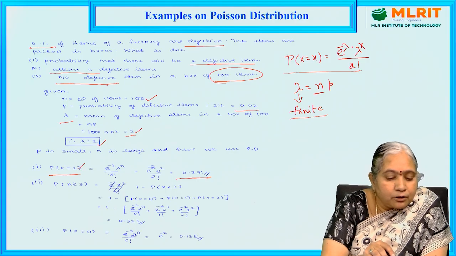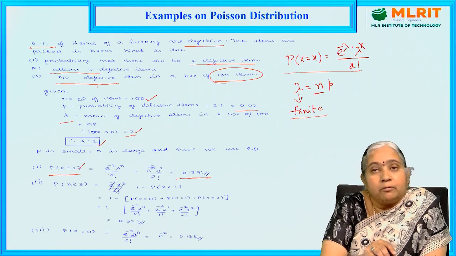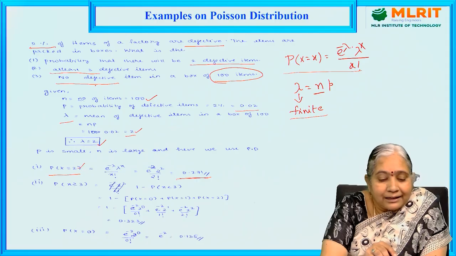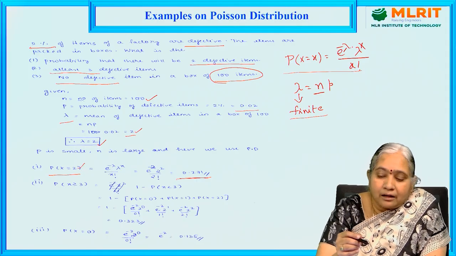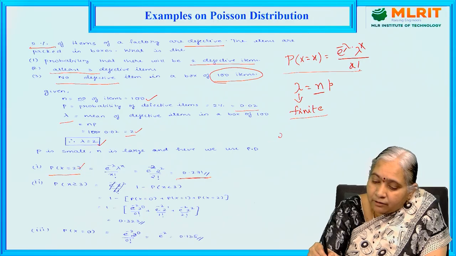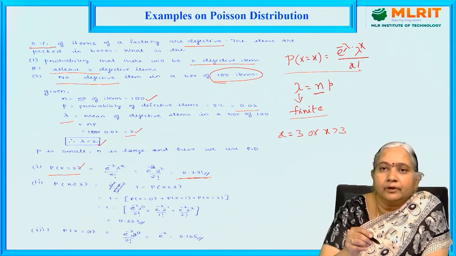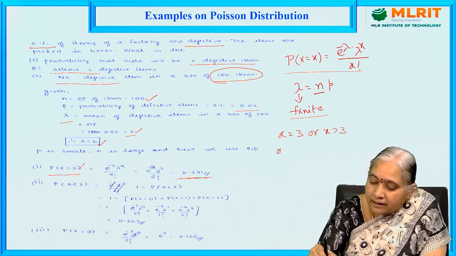Similarly, the second question is, what is the probability of at least 3 defective items? At least 3 means x is equal to 3 or x greater than 3, so x is greater than or equal to 3.